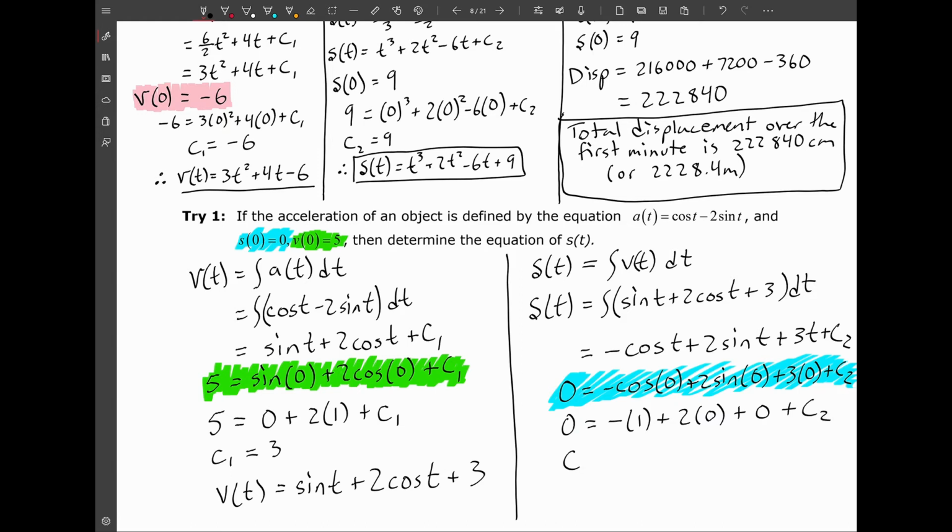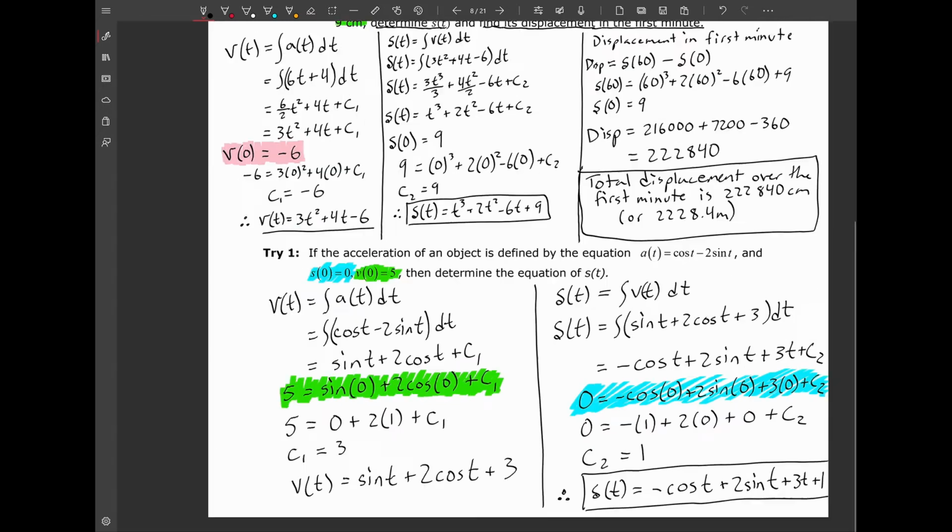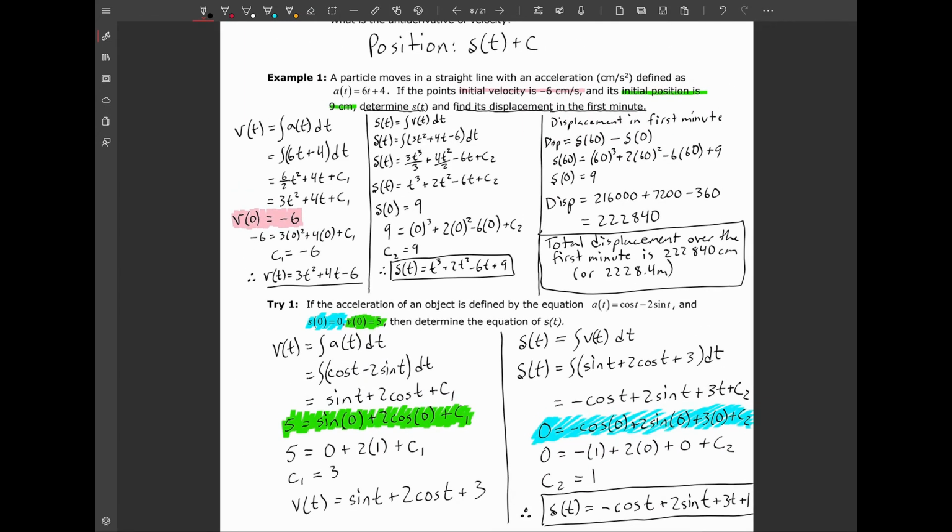And we get that C2 is equal to 1. Therefore, our position formula, S of t, is going to be negative cosine of t plus 2 sine t plus 3t plus 1. Oh, I just barely have enough room for that. And there we go.